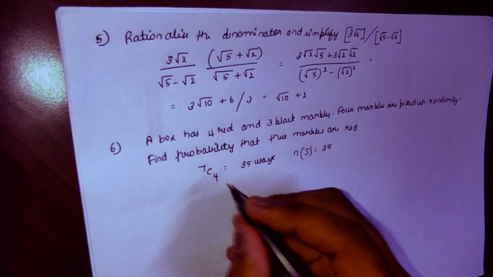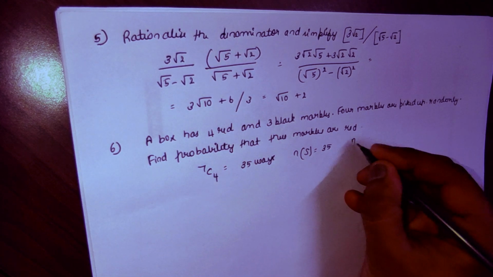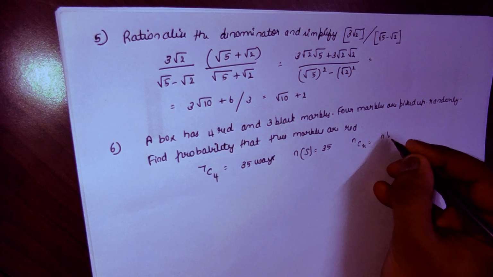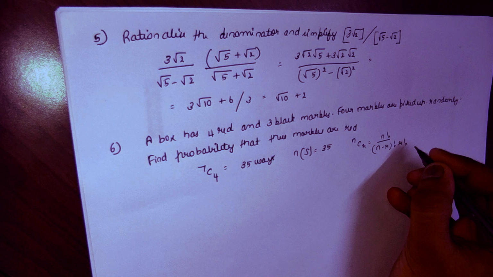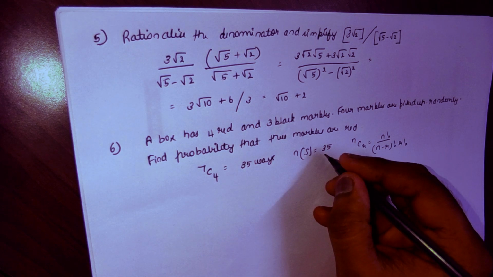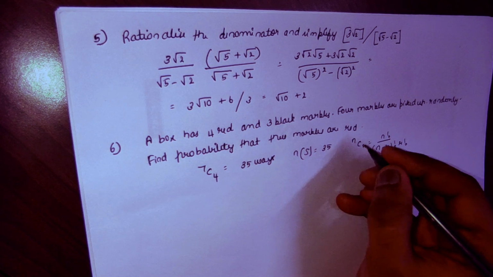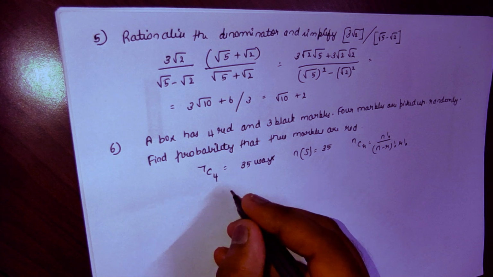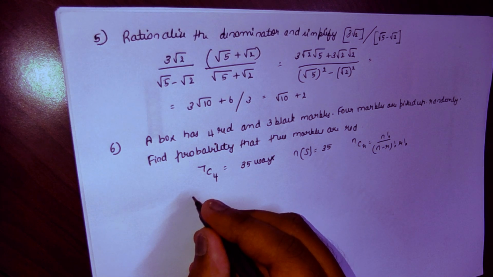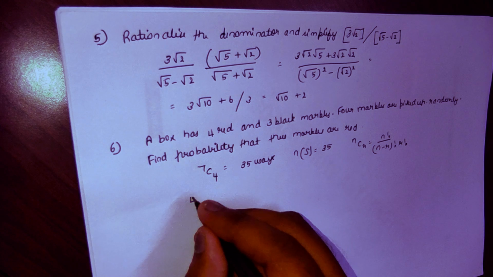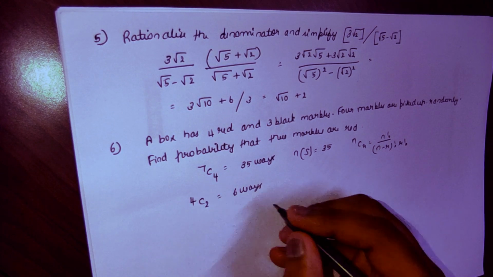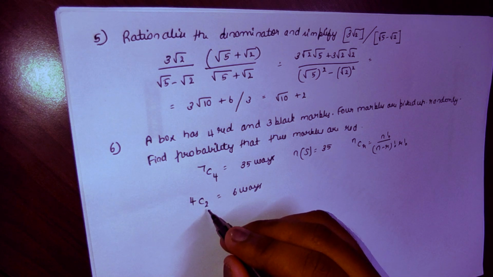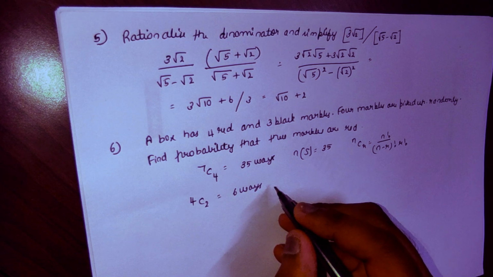We know this is the nCr formula, nCr is n factorial divided by (n minus r) whole factorial into r factorial. When you substitute, you will get 35. So 2 marbles out of 4 red marbles. There are 4 red marbles. Out of those, 2 red marbles can be picked in 4C2 ways, that is 6 ways. And when 2 red marbles are picked, the other 2 must be black.